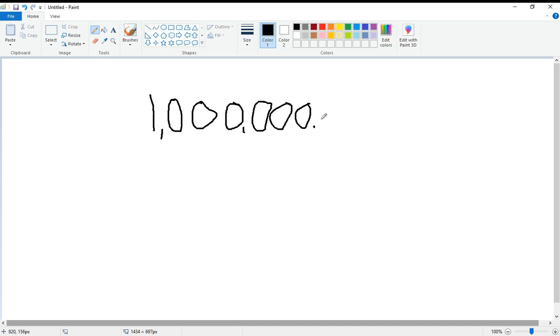You don't have a 1 on this side, but you have tens here and tenths here. Now notice I said tenths, not tens. Tens is here. This is tenths. I don't have a lisp. This is hundredths, thousandths, 10,000ths, 100,000ths, and 1,000,000ths.